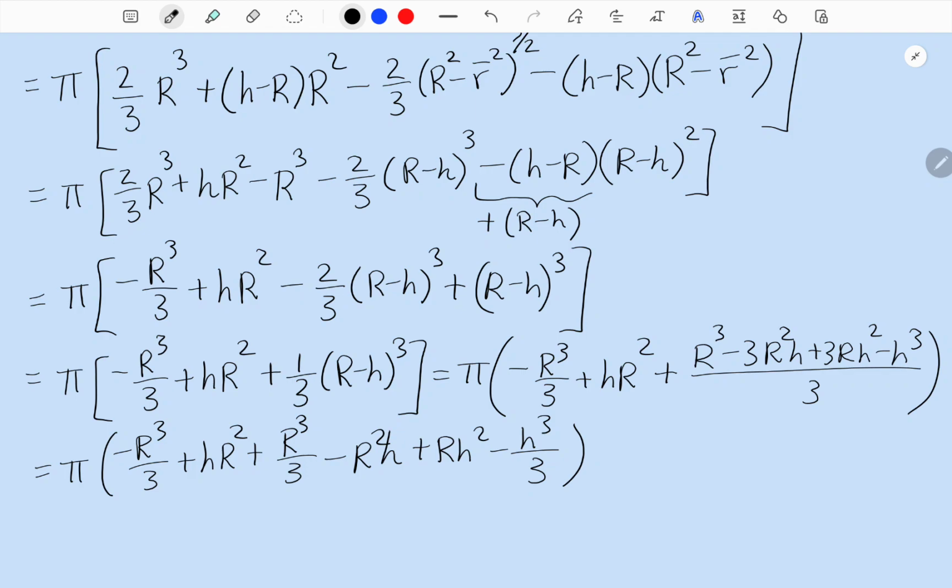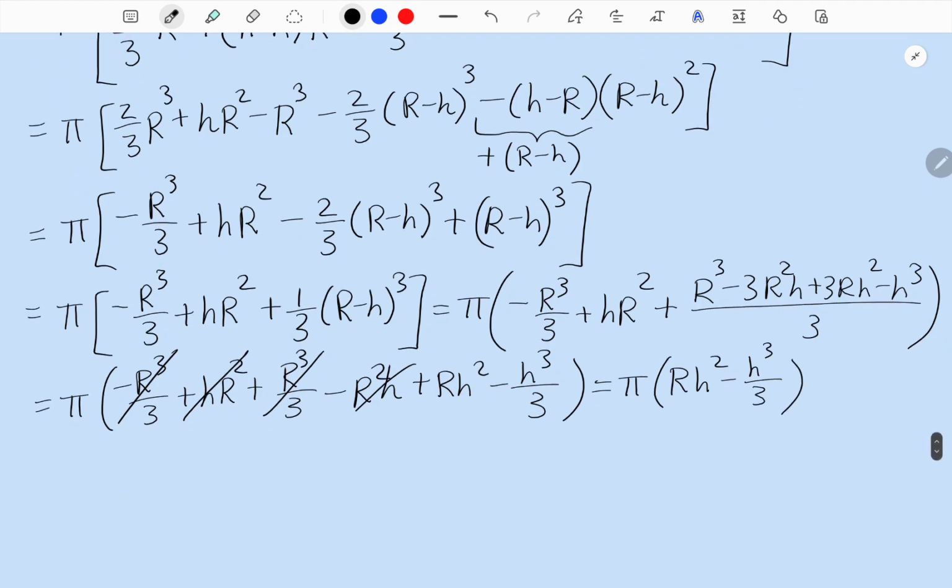Let's see, again, the minus r cubed over 3 and the positive r cubed over 3 cancel out. The r squared h and the negative r squared h cancel out, so I'm just left with pi times r h squared minus h cubed divided by 3.